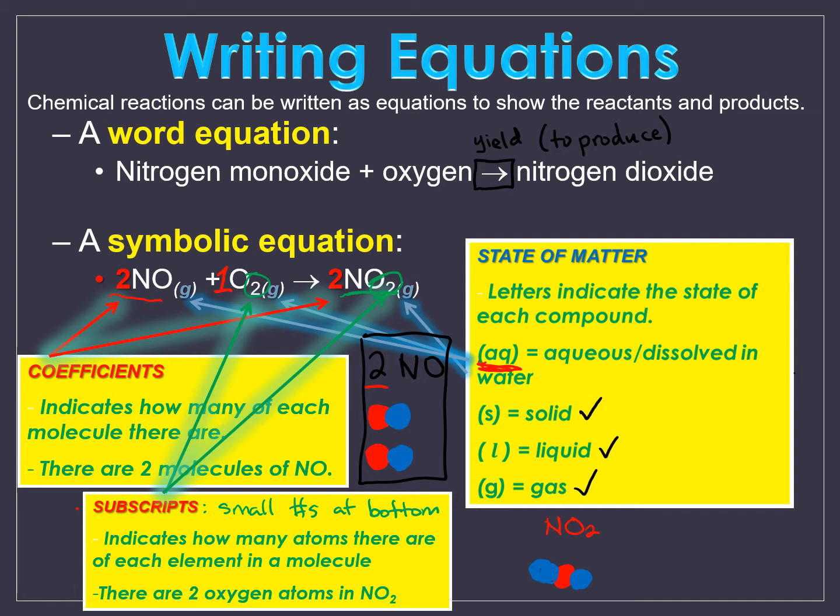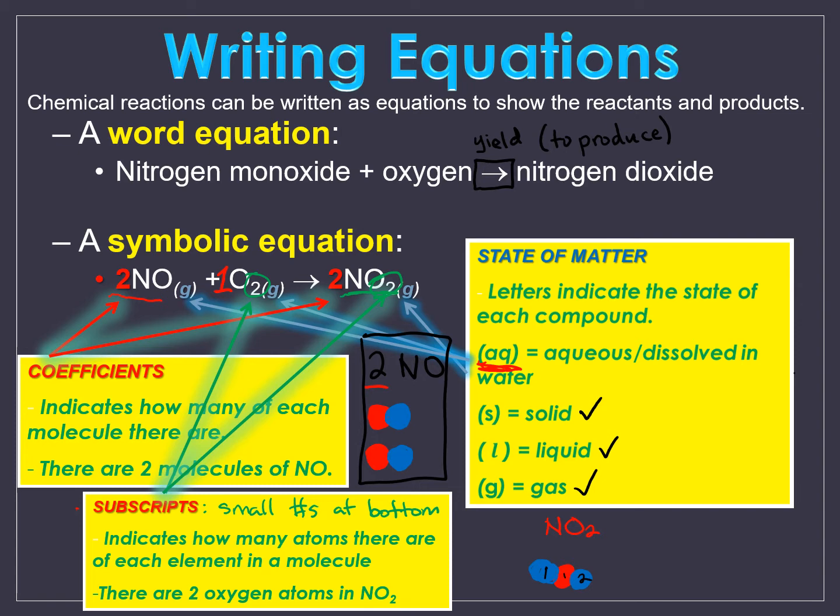So that's what that means there. I have 2, so 1, 2 oxygens, and I only have 1 nitrogen. If you don't see a subscript, again, it simply means 1, but we don't write that in our chemical formula. We know it's a 1.